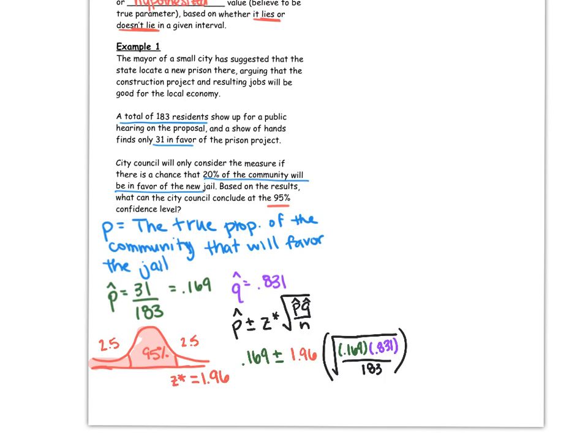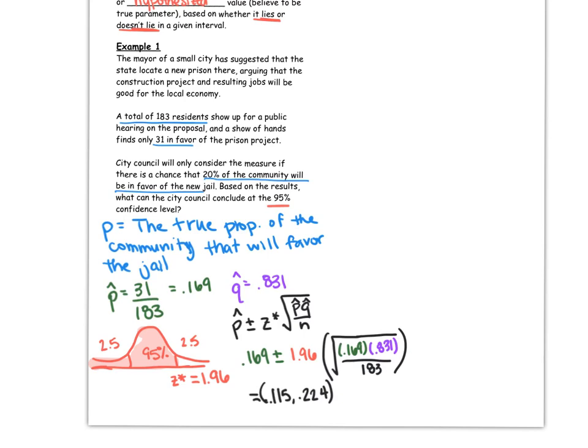We know X is 31. What is the N? And what's your confidence level? 0.95. It tells you that the bounds of this interval are from, I think, 0.115 to 0.22. Yeah, round up, 0.224 here.